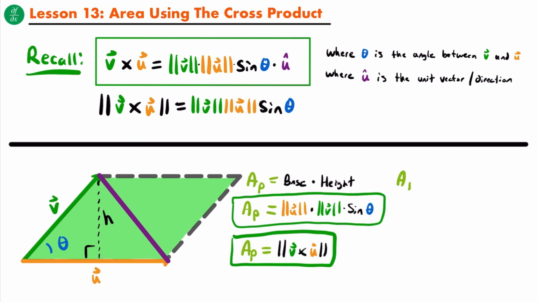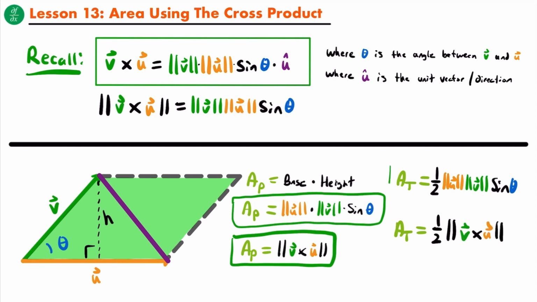The area of a triangle, where vector v and vector u represent two of the sides, that would be equal to 1/2 times the magnitude of vector u times the magnitude of vector v times sine of theta, or that area of the triangle would be equal to 1/2 times the magnitude of the cross product between vector v and vector u.